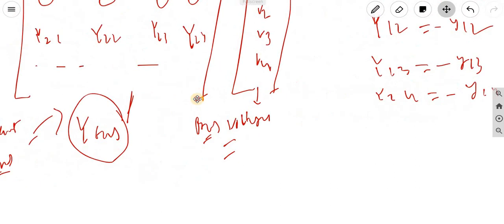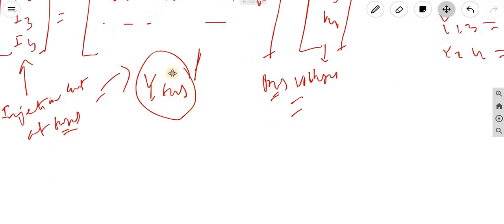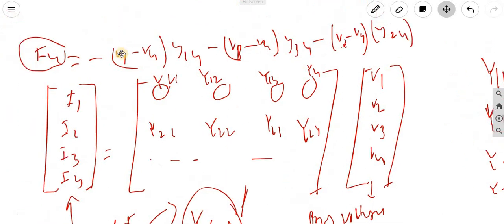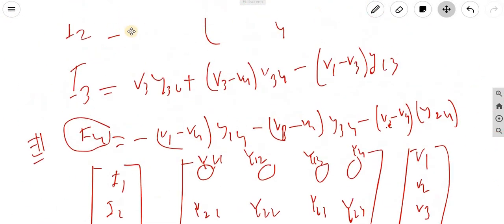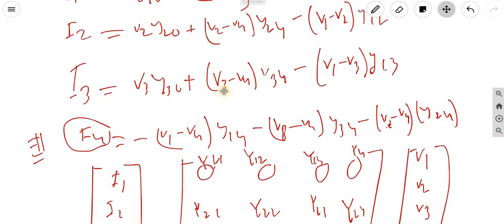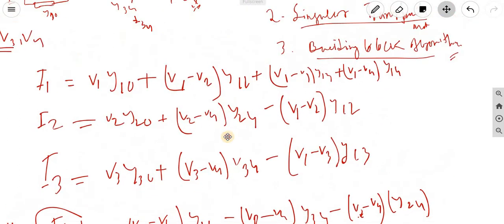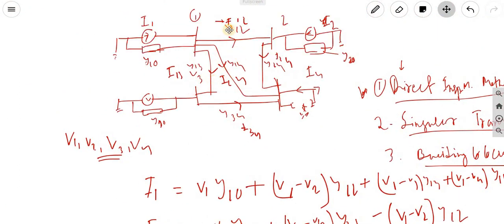In the next lecture, we'll discuss a problem on the formation of the Ybus with this direct inspection method. And another thing: suppose these lines are not short lines. Suppose this is a medium line modeled as a T, or a long transmission line.